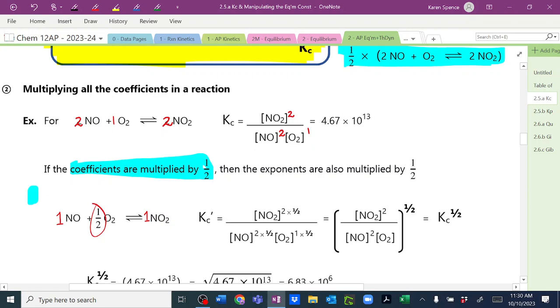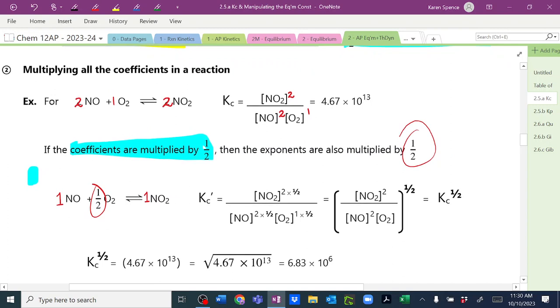If we multiply them by a half, then the exponents are also multiplied by a half. Okay? So what you can see is that we now have NO2 to the 2 times a half. That gives us NO2 to the 1, which, oh look, we have a 1.